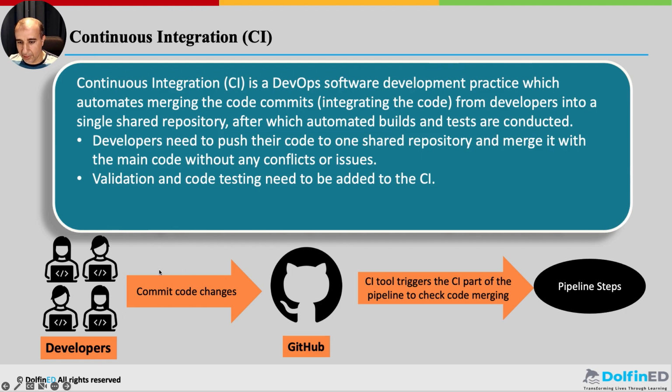The first thing is they commit code changes to a repository, let's say GitHub, for example. And then the tools that run the CI part are going to start building and then testing.